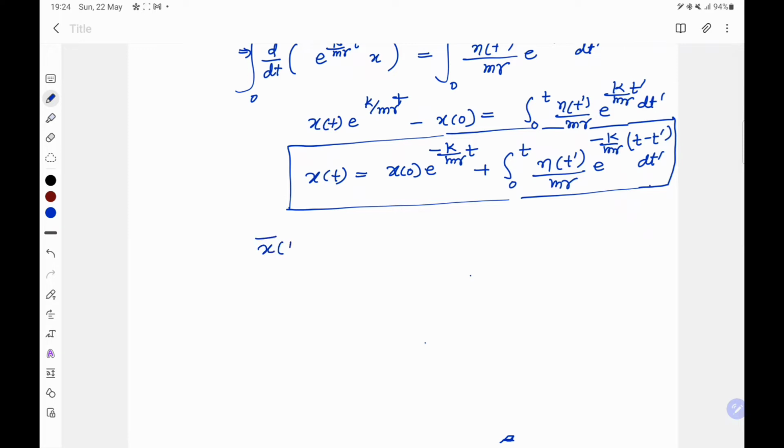If you average it, there is nothing to average here, so x0 e to the power minus kappa over m gamma t, plus this term will vanish because the average of eta t prime is 0, and the second average, the correlation of eta t and eta t prime, is gamma delta t minus t prime.